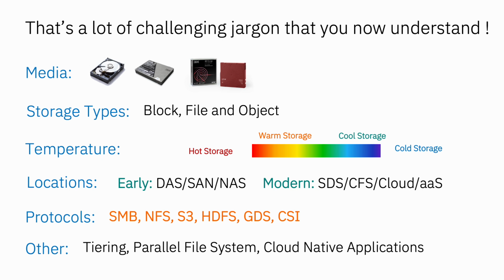The storage types or formats are block, file, and object for how data gets written to that media. We have this concept of temperature, from hot storage to warm, cool, and cold. We have some of the early storage locations or topologies that we covered, like DAS for direct attached storage, SAN for storage area networks, NAS for network attached storage.